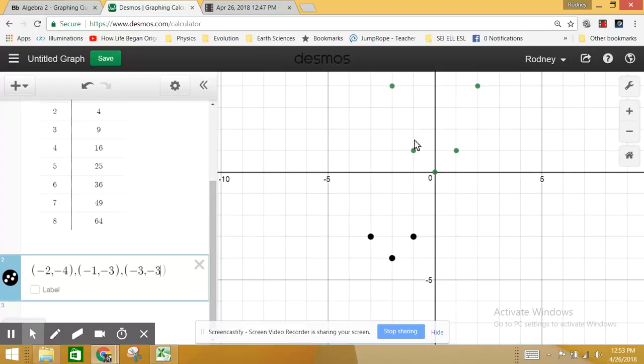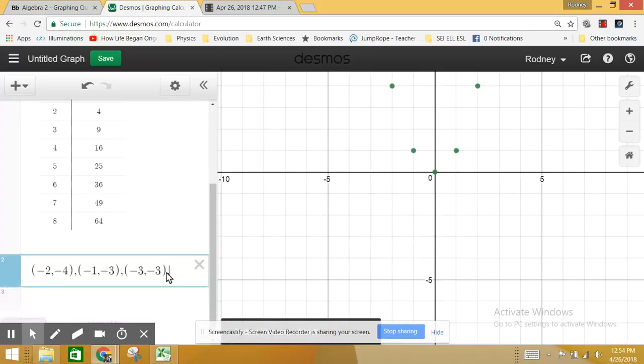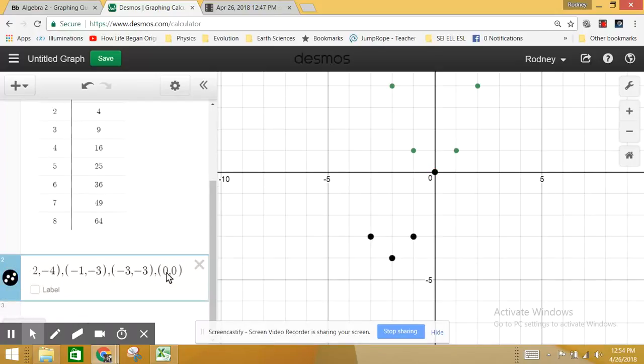So you see this pattern here matches this pattern. So over 1, up 1. My next one should be over 1, up 3, which is going to put me here at 0, 0 and -4, 0. Okay, so I'll go ahead and plot those. 0, 0 and -4, 0.